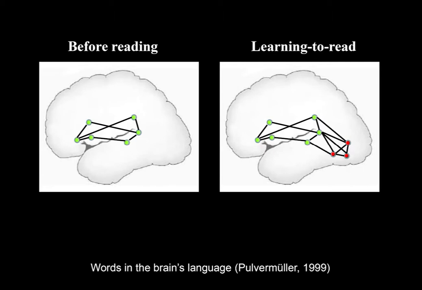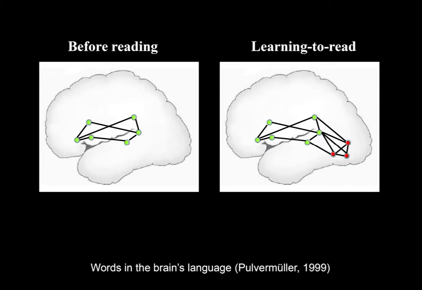Before children come to the task of learning to read, they do have spoken language. We know the spoken language network, we know where it is in the brain. You see this here. This spoken language network is a coupling between spoken information, phonology, and semantics. This is what the child has. It's a rich system that is there prior to reading. And what does reading really do?